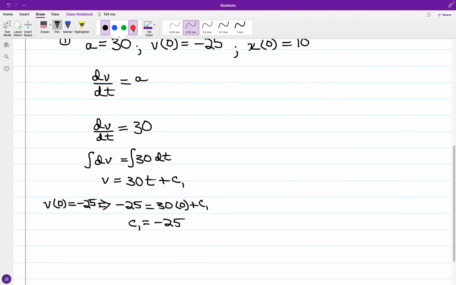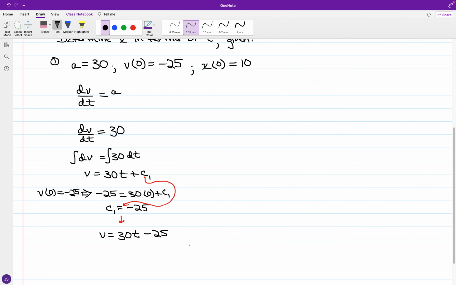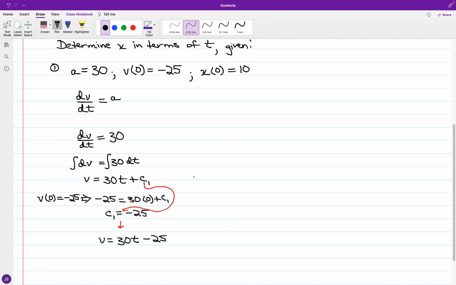And so with the information now added, it turns out that v is equal to 30t minus 25. And again, I'm looking at expressing the distance x in terms of t.